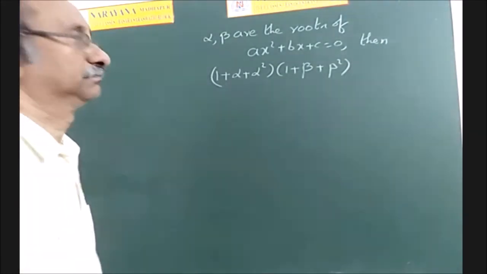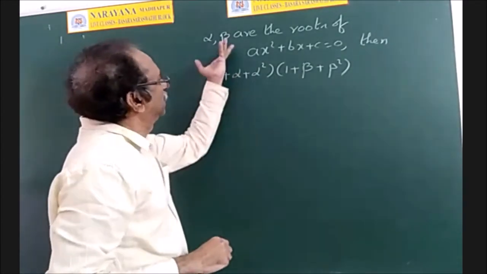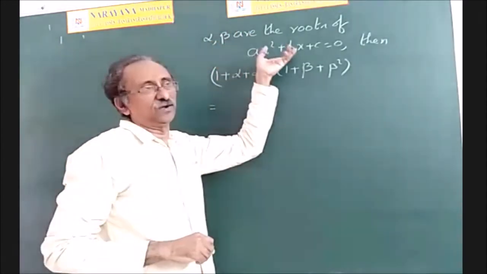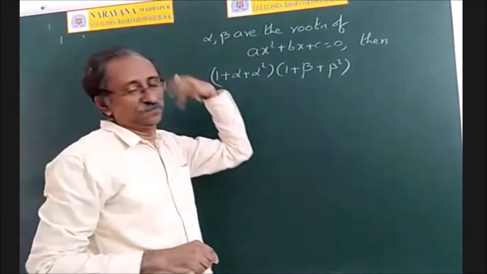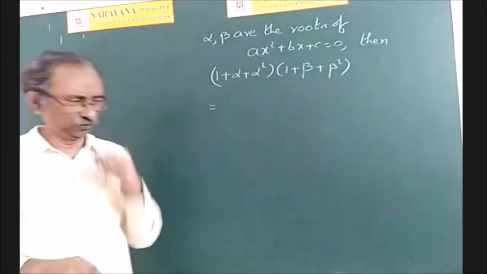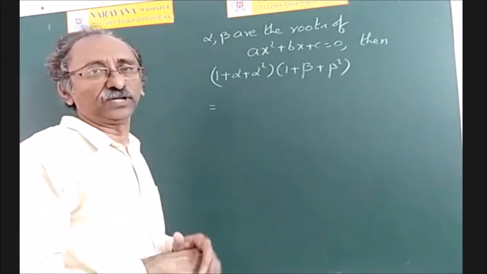That is the question. Then what will you do? First of all, expand this. I cannot simply write alpha. Of course, I have alpha, but it is very difficult to write. Alpha is minus b plus root of b square minus 4ac by 2a, and beta is minus b minus root of b square minus 4ac by 2a.